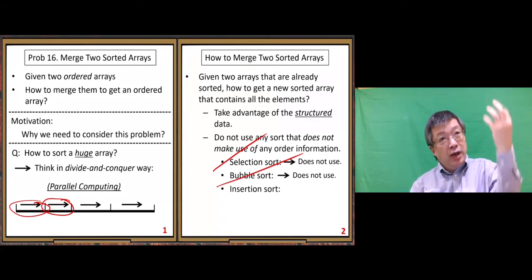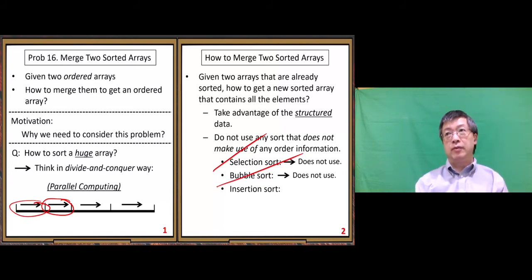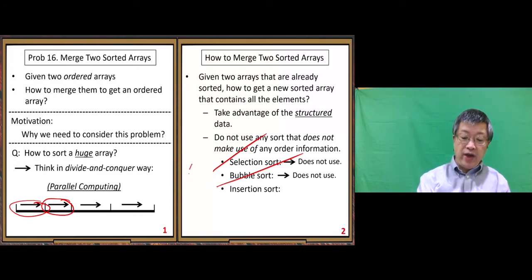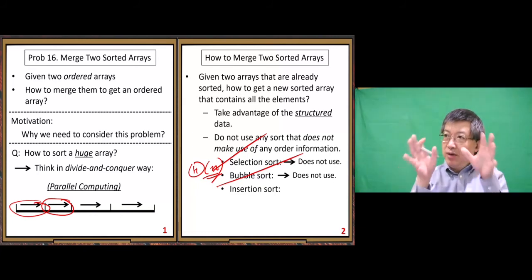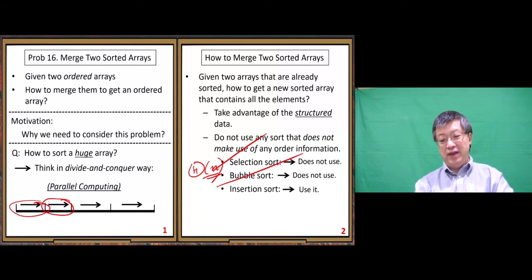And what is the efficiency for the best case of insertion sort? Big theta of n, right? That's the one. That one is useful for our current problem. So we select it.